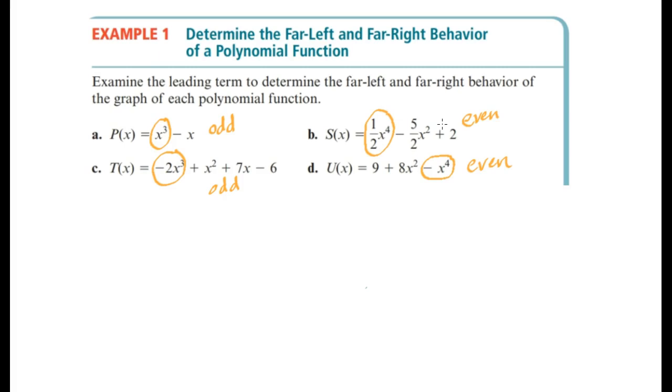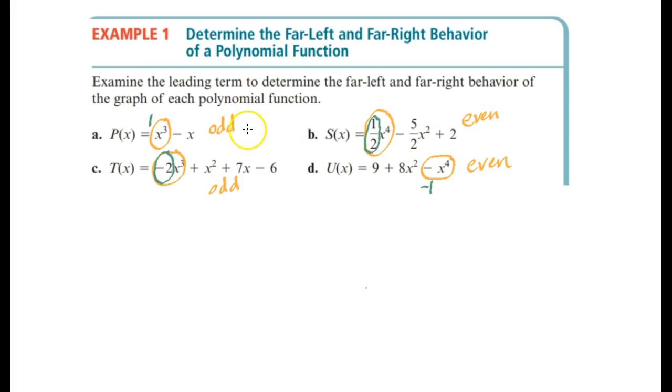Now we just need to figure out the sign of the leading coefficient. Notice that this would be a 1. You actually don't see it here, and also here this is actually -1. And then we also have 1/2, and we have -2. So we want to look at the sign. Is it negative or is it positive?